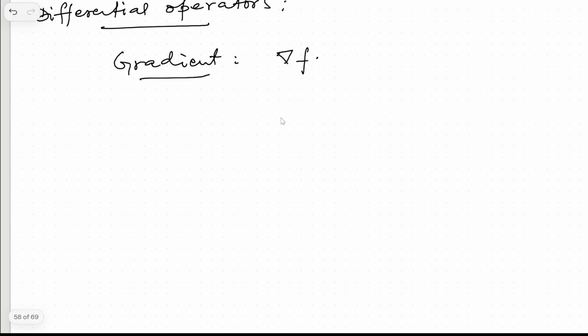Now this changes a scalar into a vector. Since gradient is a direction, it changes a scalar into a vector. The function itself was just an output, a scalar value, and when we applied the gradient, we calculated different partial derivatives, means different dimensions. In different dimensions, we calculated the change.